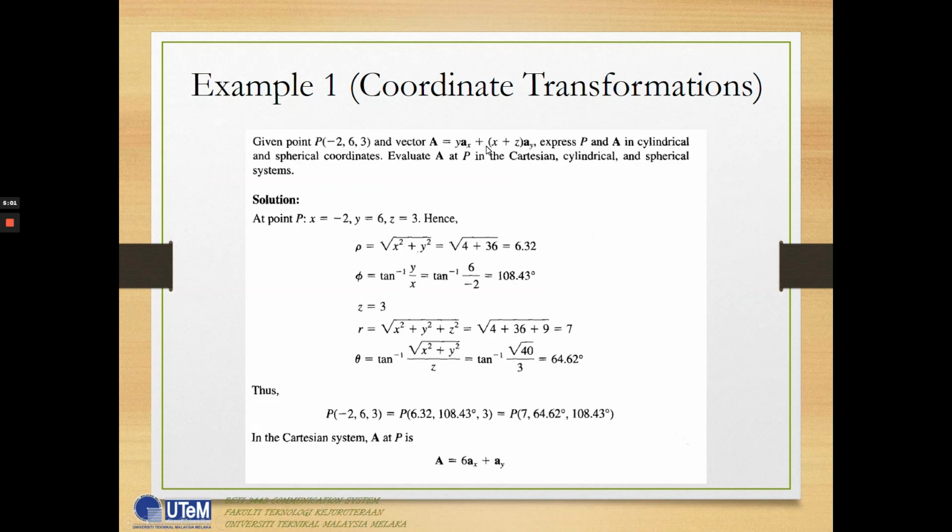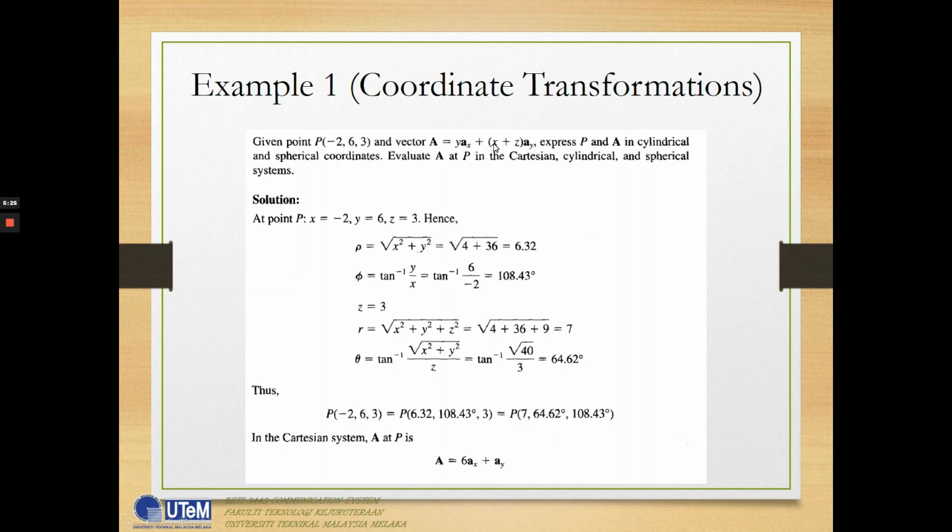Now this vector is given, and we are representing this vector at P. So for P, we pass these coordinates into it. y is equal to 6, and x plus z is here, so x plus z means 1.